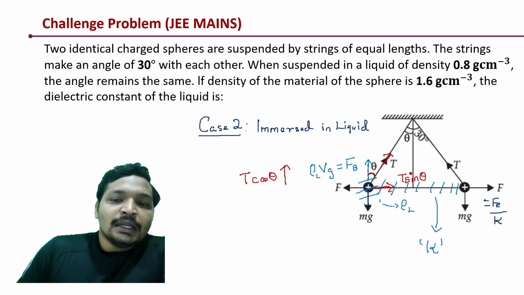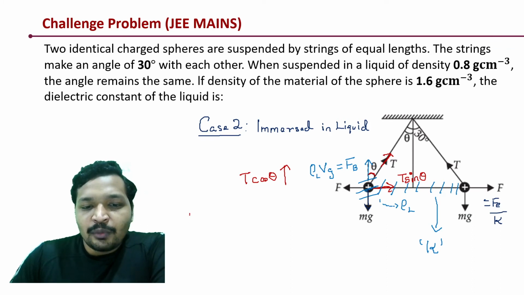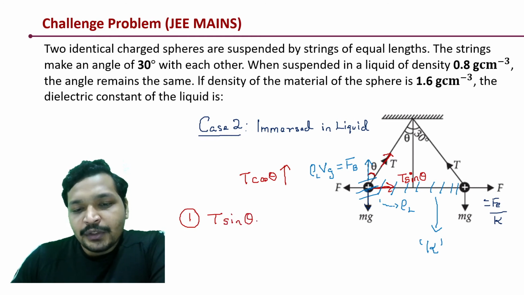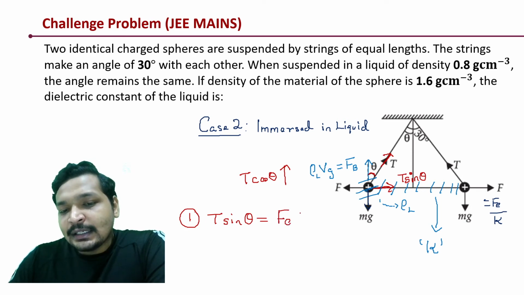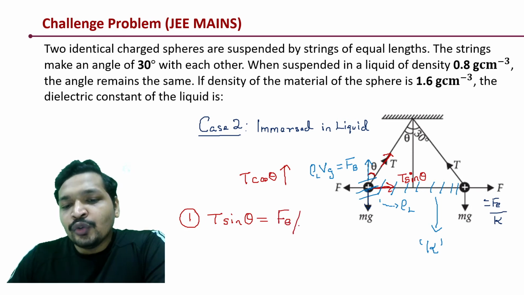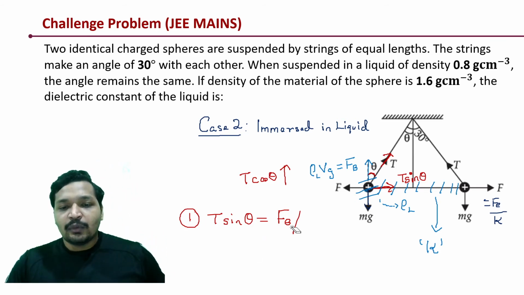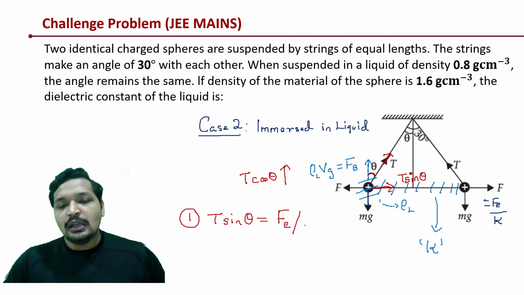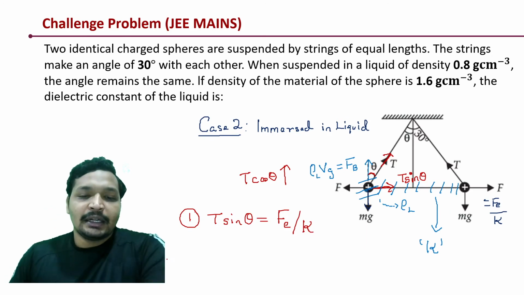Really simple. Again, same old equations. We start with equation number 1, which is nothing but T sine theta, which is going to be, like Fe, if it was in air, K into Q square by D square. We call that Fe, right? But now we need to divide it by K, the dielectric constant.